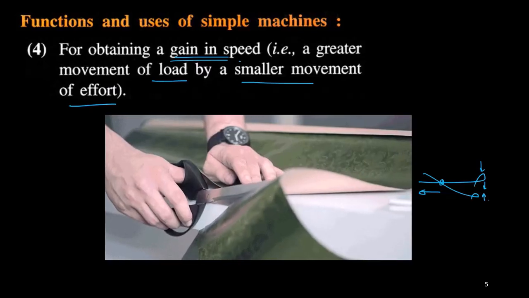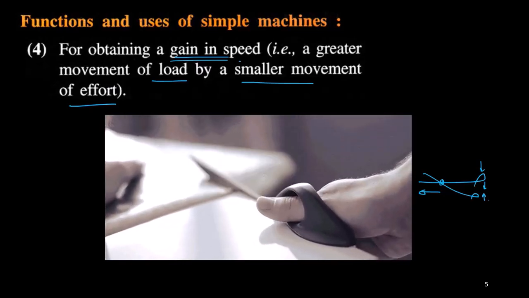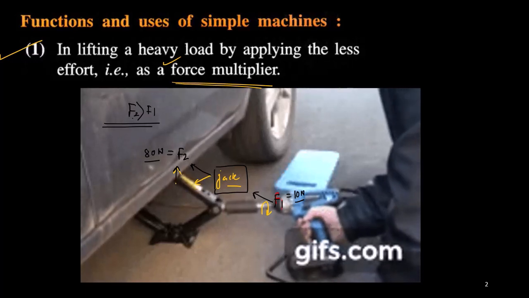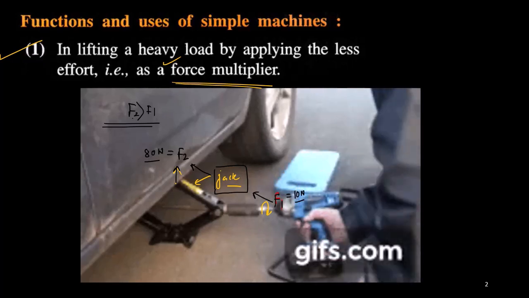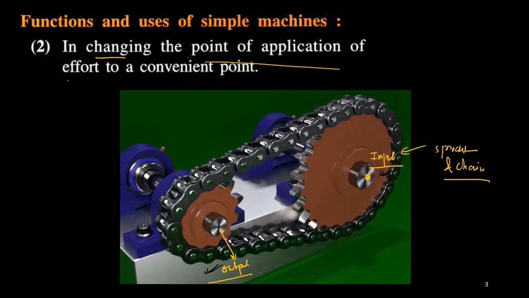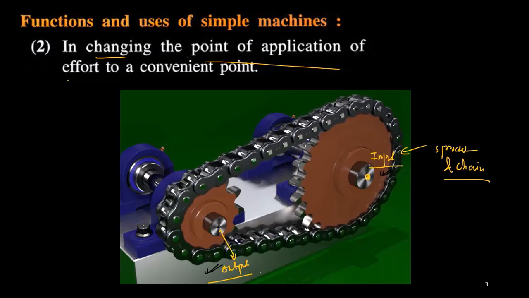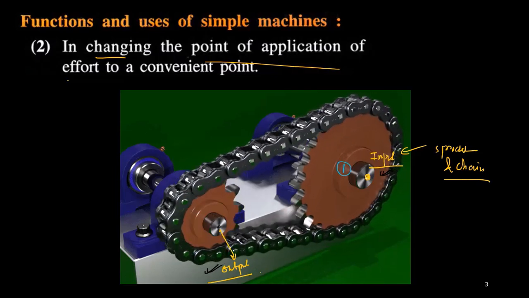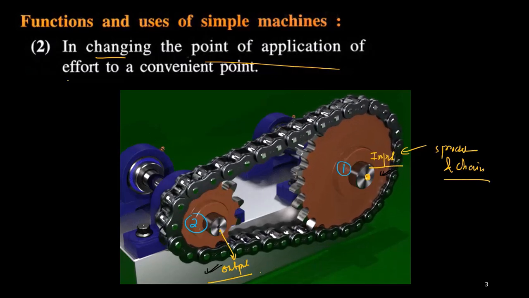So there are four basic utilities of a machine. Either I can go for a machine which is used to lift a heavy load, that means it is acting as a force multiplier. Or I can use a particular machine which basically transfers the point of application of force. In this particular situation, I am applying the input at point number 1, and at point 2 I am getting the output. Both input and output are not at the same point.